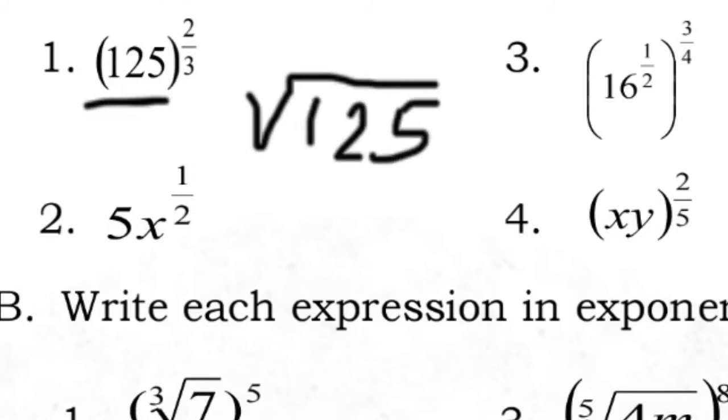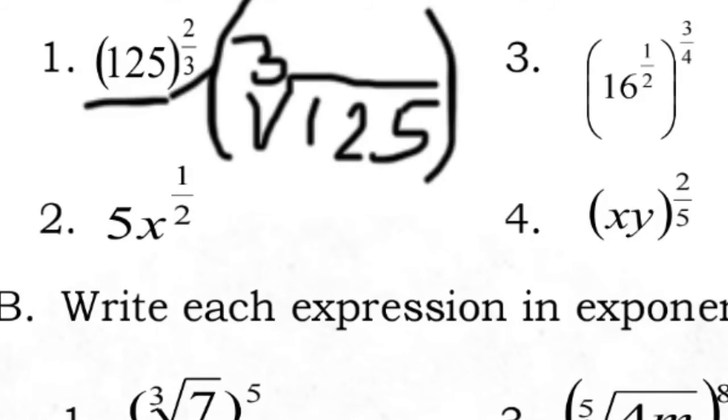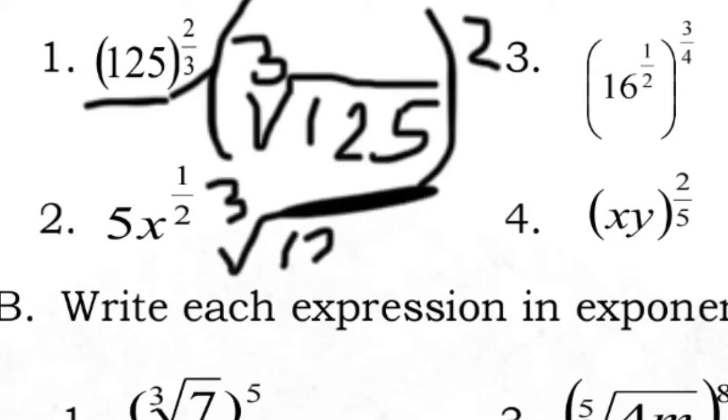Then our denominator here is 3. So this will be our index. So we're going to put here 3. So cube root of 125. Then the exponent here is 2. So we can have this one as cube root of 125 squared. Or another way of writing this one is cube root of 125 squared. So they are just the same.